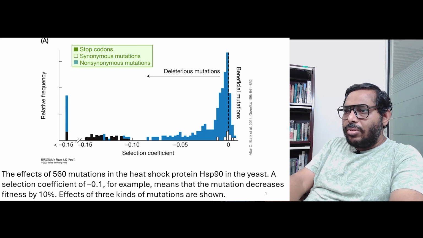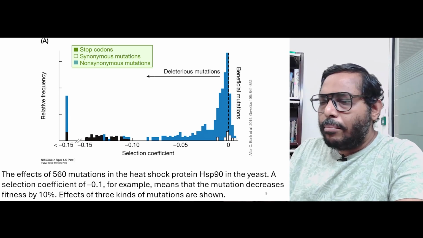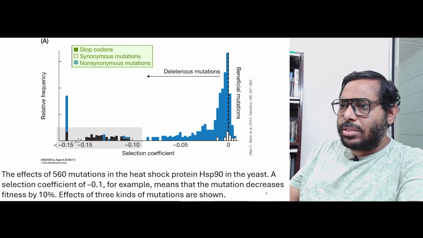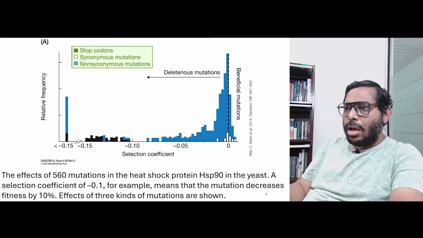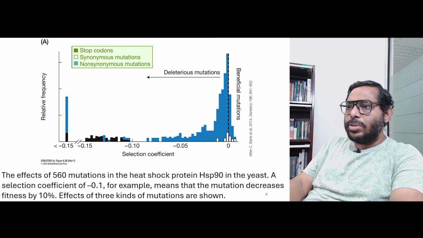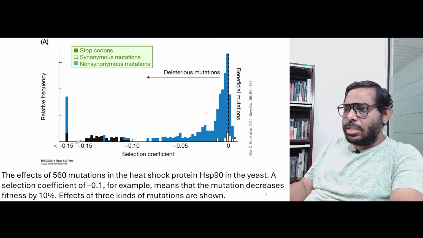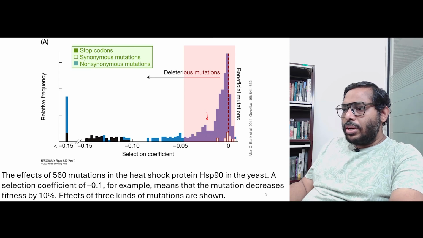So, they had 3 different kinds of mutations that are leading to stop codons, these ones, the black ones, mutations that are synonymous mutations, these white ones, and non-synonymous mutations that are actually leading to amino acid changes, which are these blue ones.